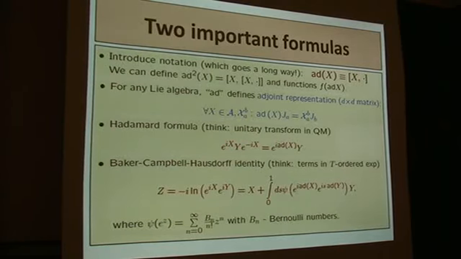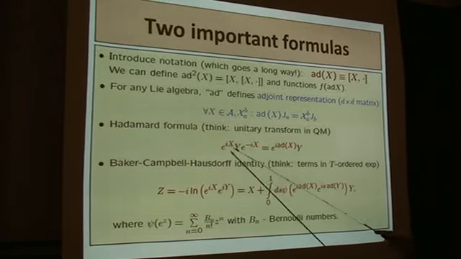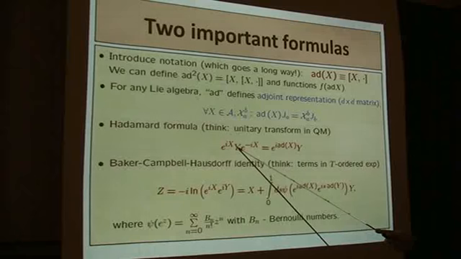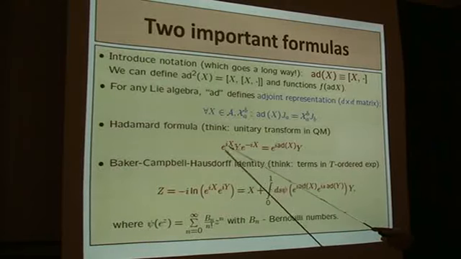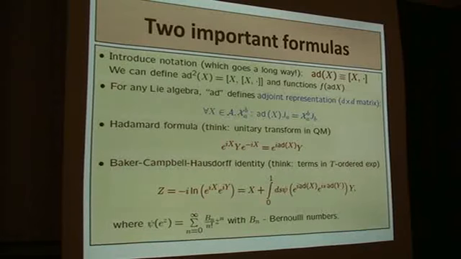The results which are important for physics, at least for the kinds of problems that I'm thinking about, are the following. Two important formulas. One formula is called the Hadamard formula. Let's say this is an operator in my quantum mechanical problem, and I'm performing a transform from the Schrödinger representation to the Heisenberg representation to the interaction representation.